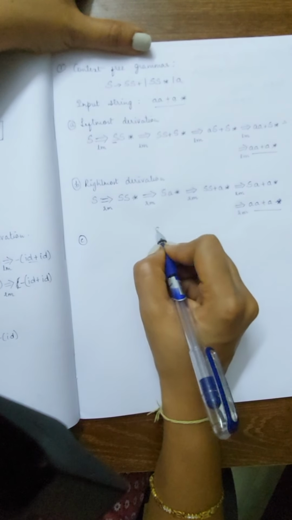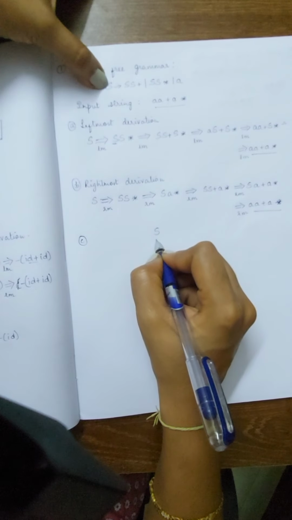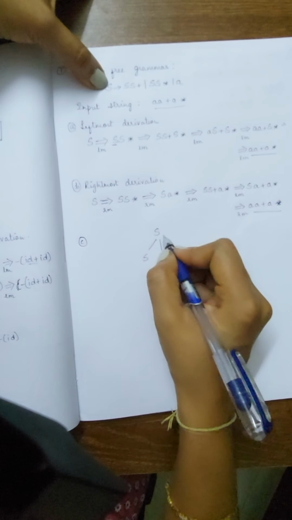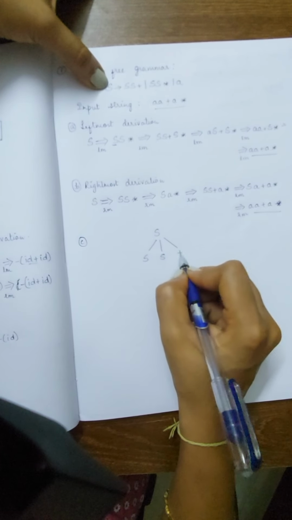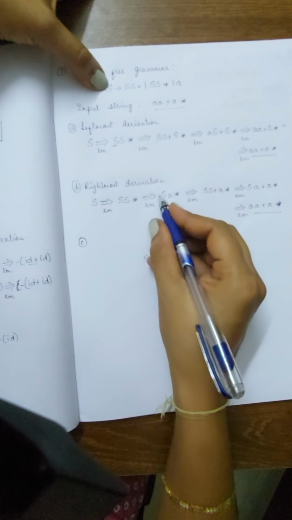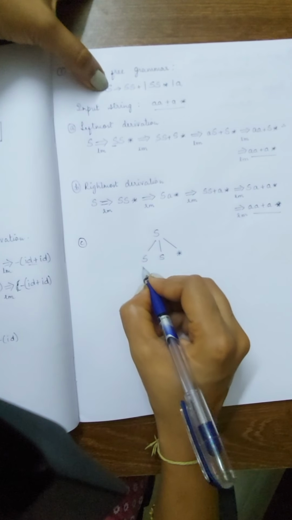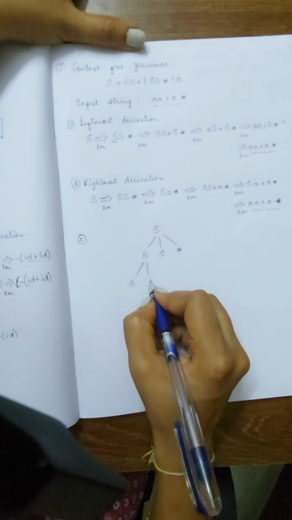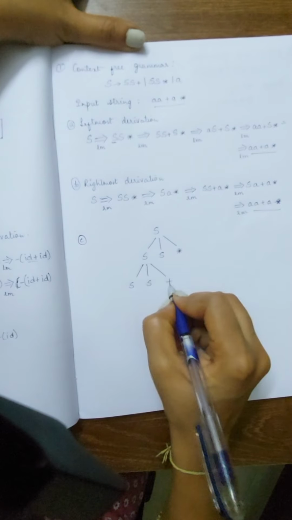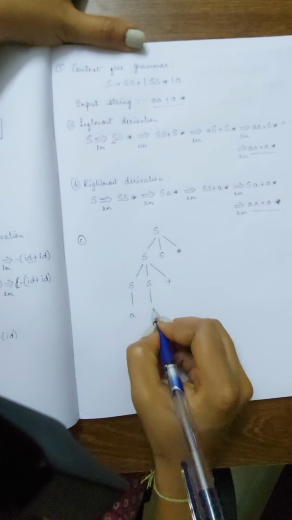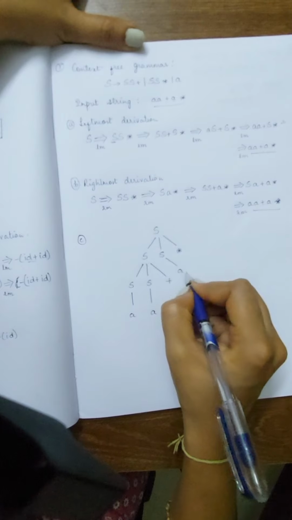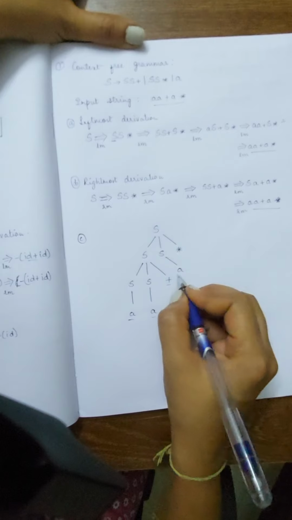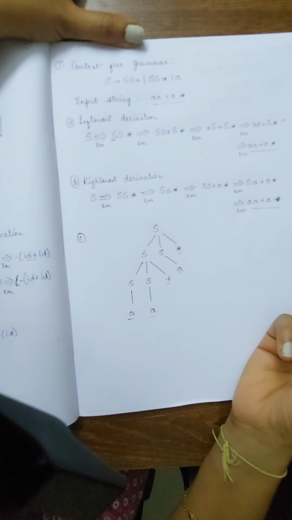So let us start with the starting symbol, that is S, which yields this, which in turn yields this S replaced by S plus S, and this in turn is replaced by A. So now we have got A plus A star, right?